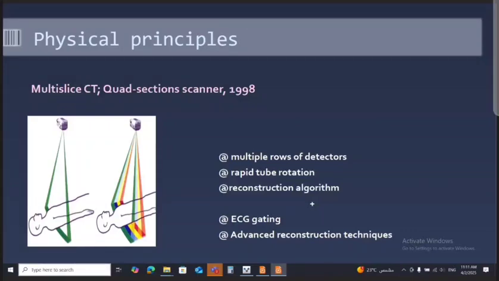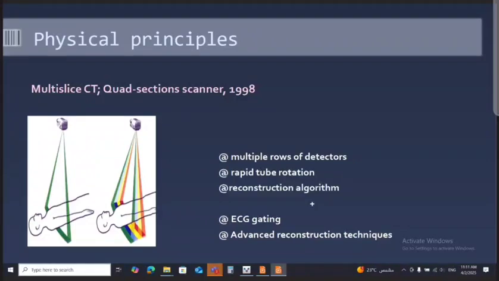In the past, in the single scanners, the tube rotation time was 1 second, and so we could acquire one axial image in the second. While with development of the multi-slice CT, the rows of detectors had increased to 4, and the tube rotation time was reduced to half a second.